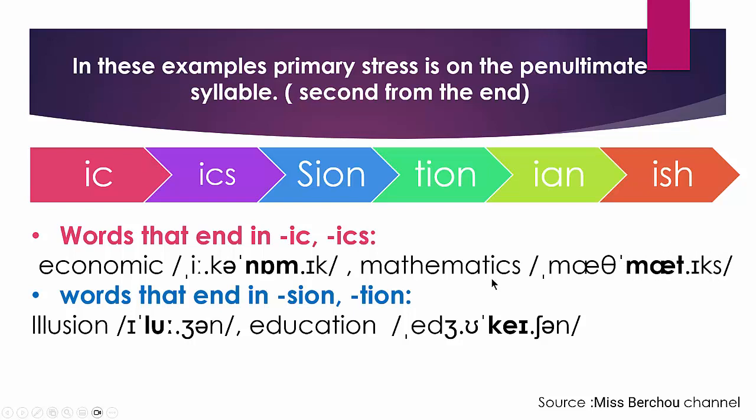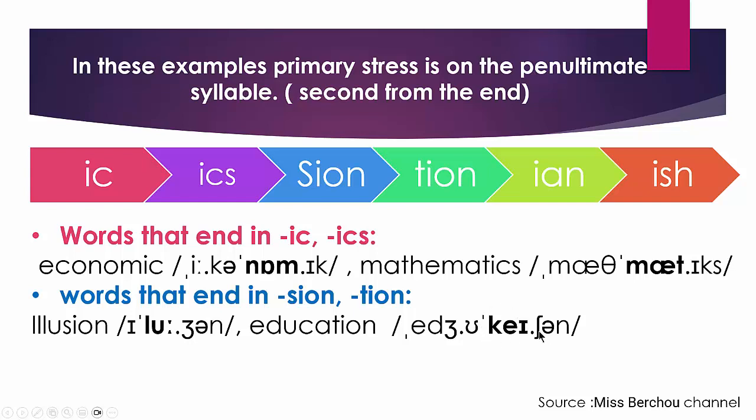Here, the primary stress. Words that end in sion and tion, like illusion, sion. Okay, 1, 2. We have to put the primary stress here. Education. Here, tion, 1, 2.